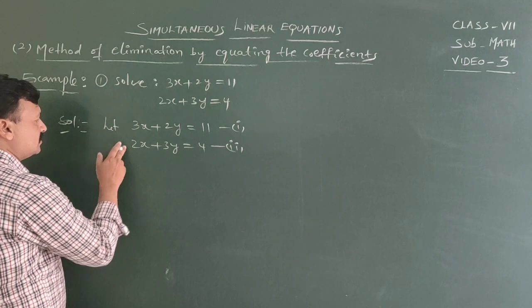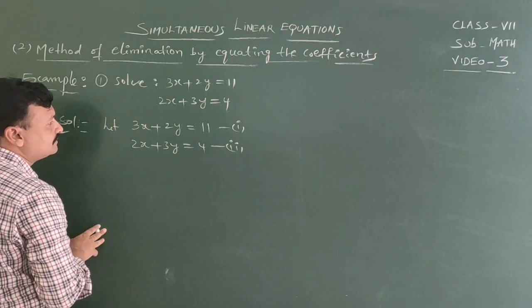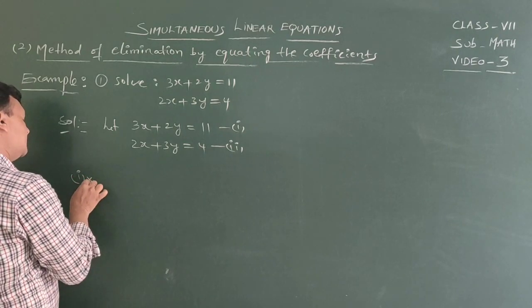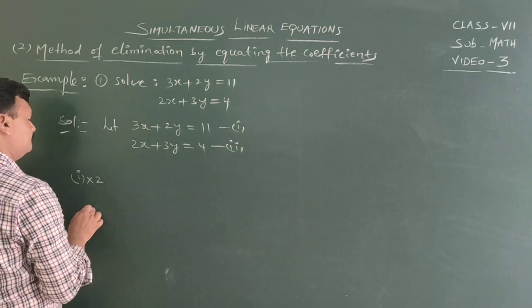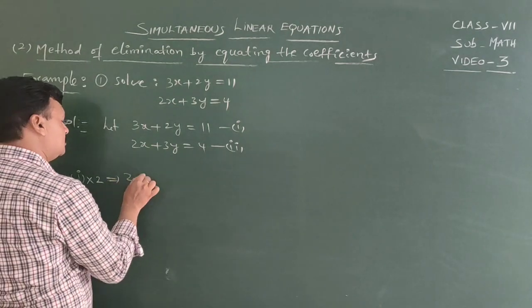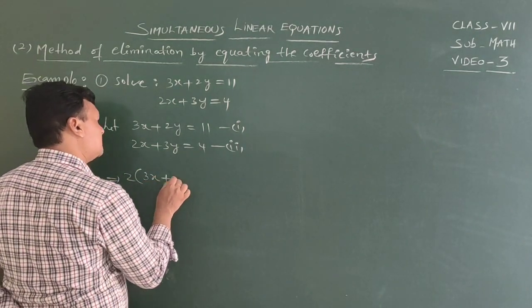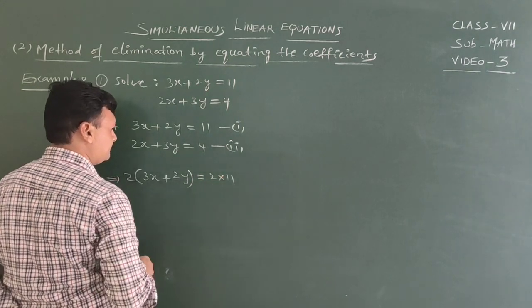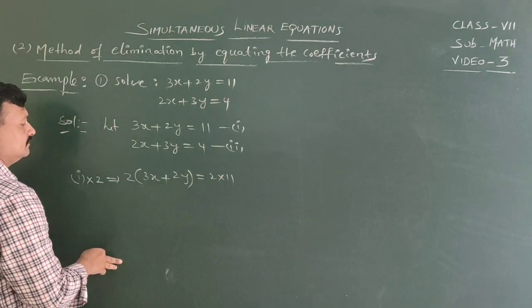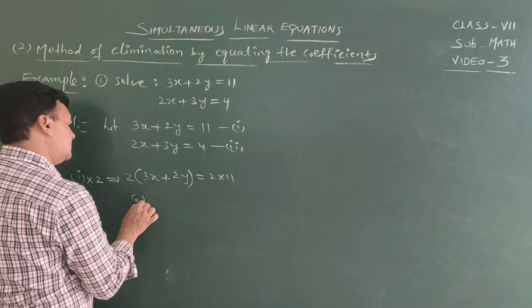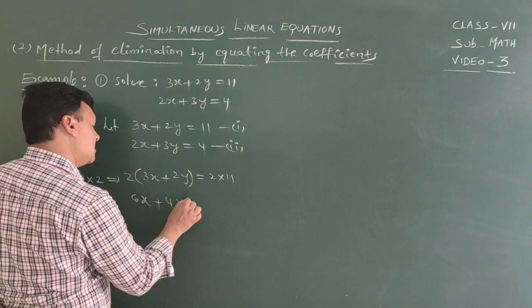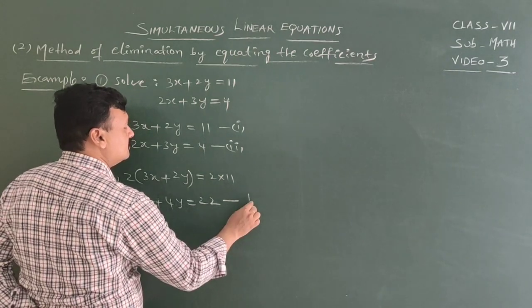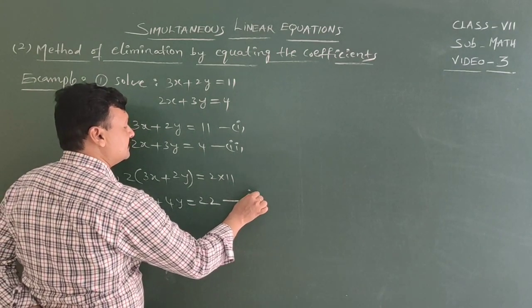For equating these two coefficients, I will multiply first equation by 2. Means 2 into 3x plus 2y equal to 2 into 11. Now it becomes 6x plus 4y equal to 22. That is third equation.